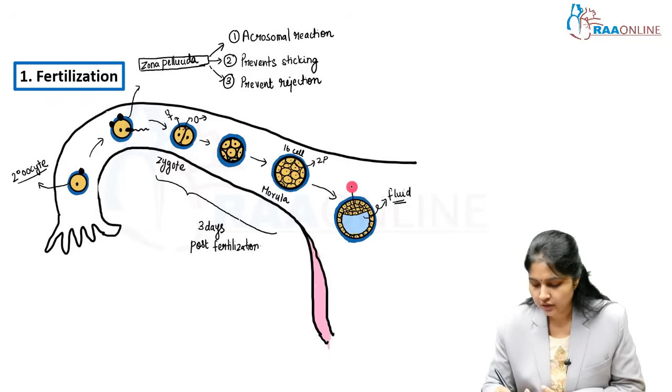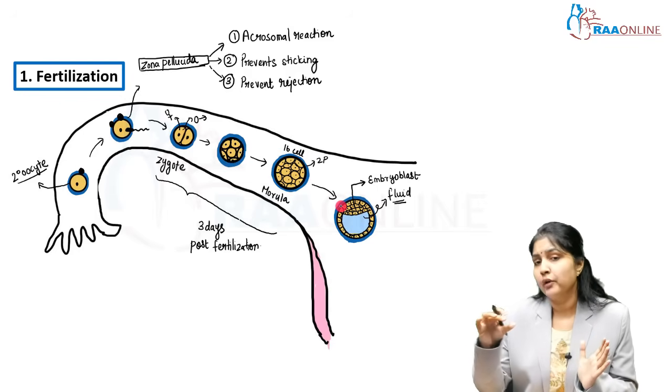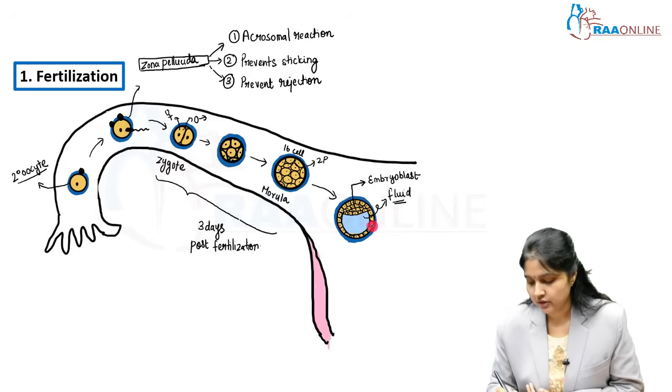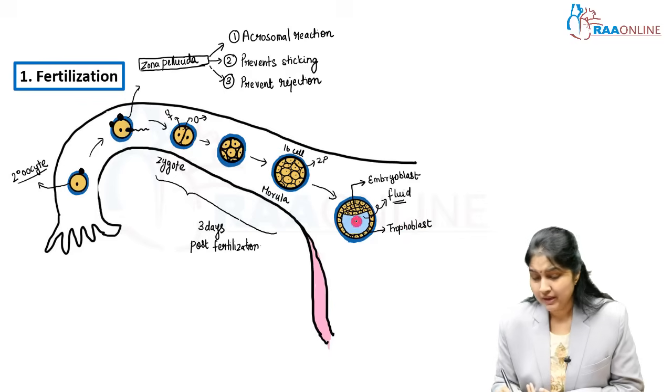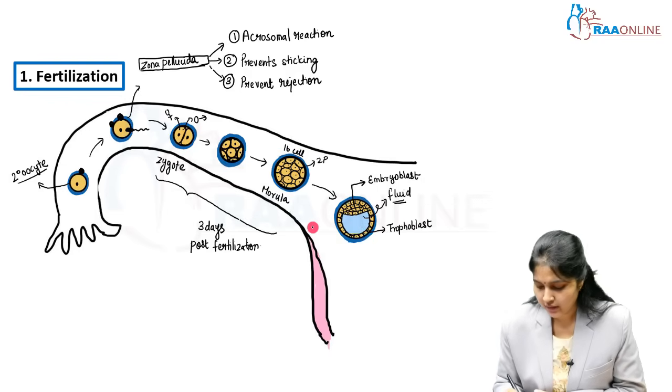So in one corner you can see a clump of cells, and this part is called the embryoblast, and there is a thin layer of cells that has been pushed to around the structure. So this is called the trophoblast. Now this embryonic structure, which is formed by the accumulation of fluid in the morula, is called the blastocyst.